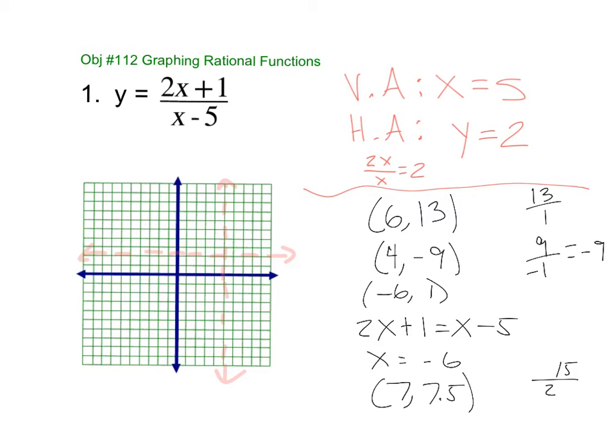All right. So I got 4, -9. I got 6, 13. It's going to be like up here. I got -6, 1.